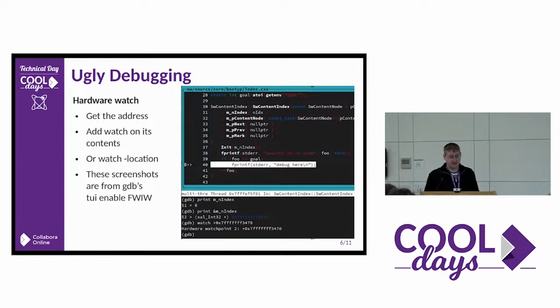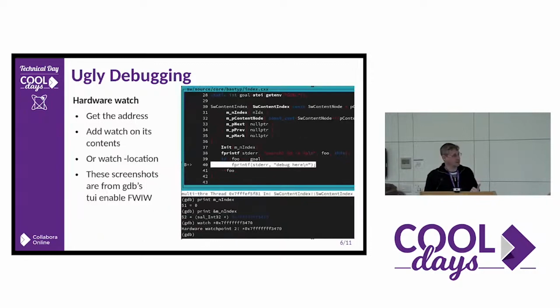Hardware watches, very, very useful. Back to the example we have there, we have this particular class, we're on the particular instance that we know is going to be one that matters. Maybe it's reference count. We just put a breakpoint on when the contents of the variable changes. These are all from GDB. Another tip there is that if you have GDB and you want to see the graphical user interface, it's tui enable. It used to be something like win enable, now it's tui enable.